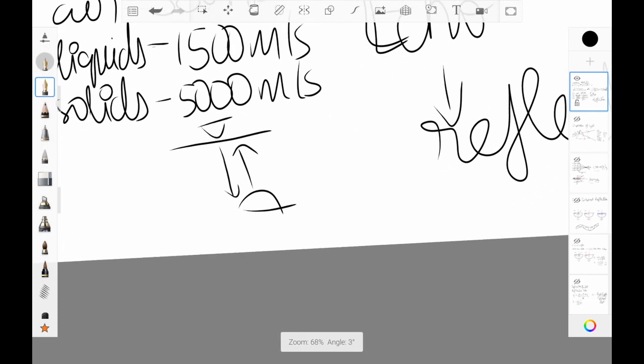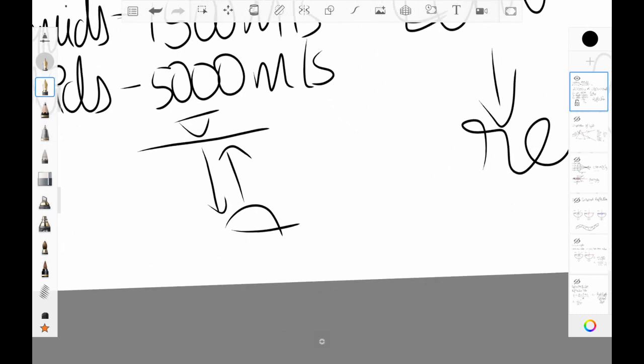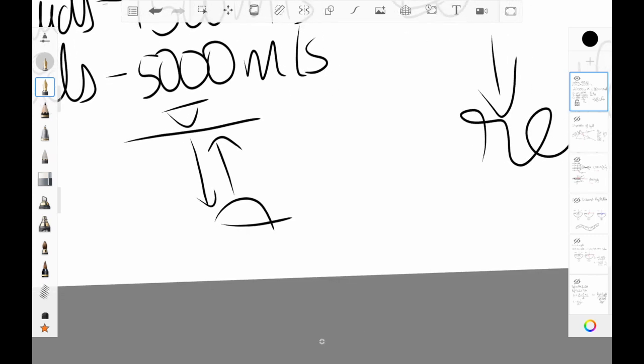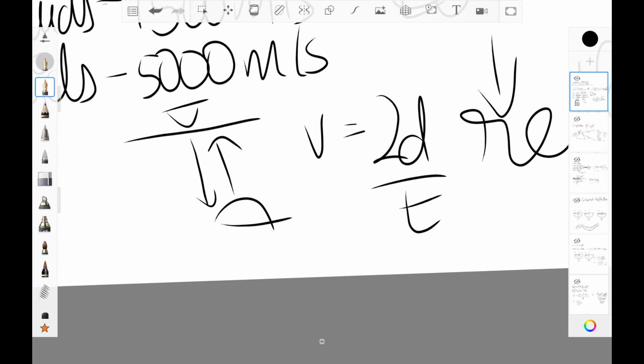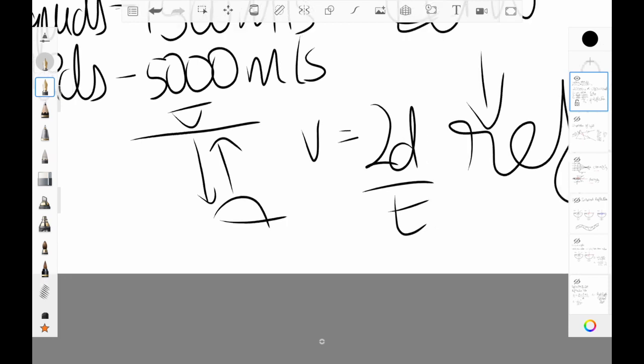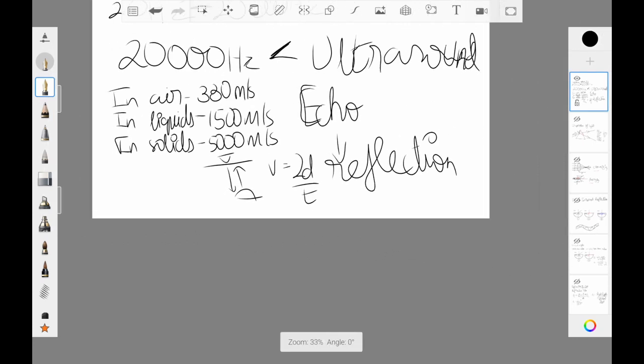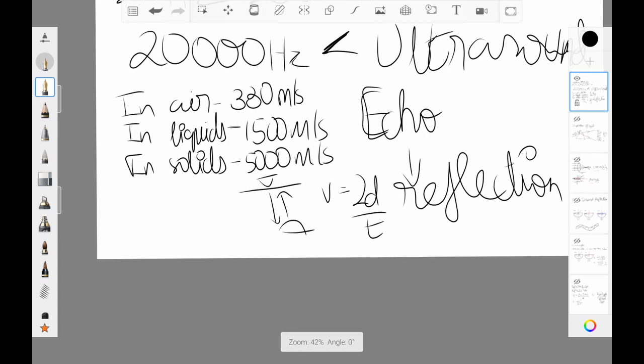They'll usually try to trick you by giving you the speed of the sound, and then they'll give you the time and ask you how far it traveled. In these cases, you use the formula v equals 2d over time, because it goes to the rock and then comes back, which is why you use 2d. And you can apply the same formula to a lot of questions pertaining to the speed of sound waves.